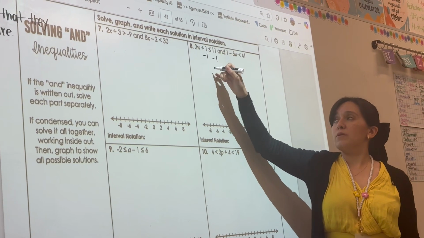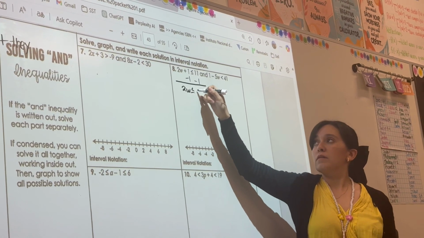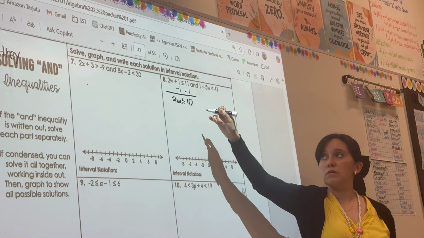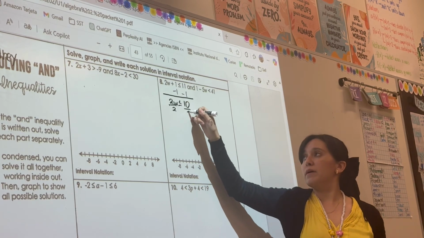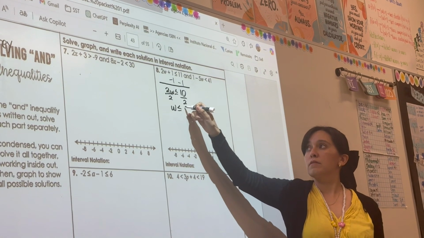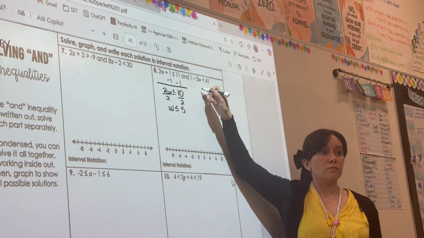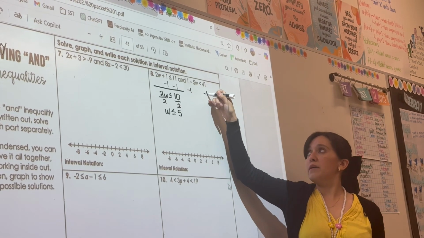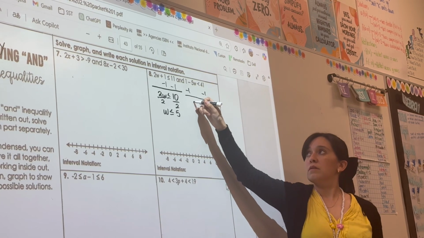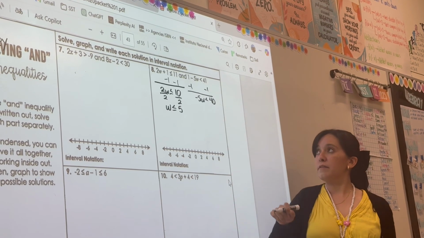Minus 1, minus 1. And then divide by 2, and it's w less than or equal to 5. And for this one? Minus 1, minus 1. Okay, and then?